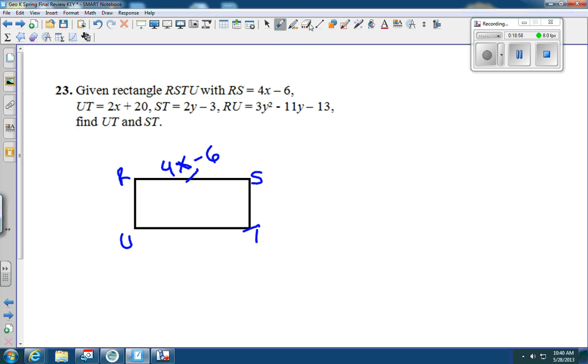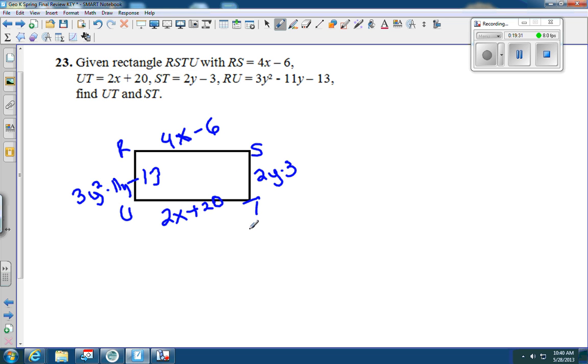Okay, and UT is 2x plus 20. And ST is 2y minus 3. And RU is 3y squared minus 11y minus 13. So I know on a rectangle that opposite sides are congruent.